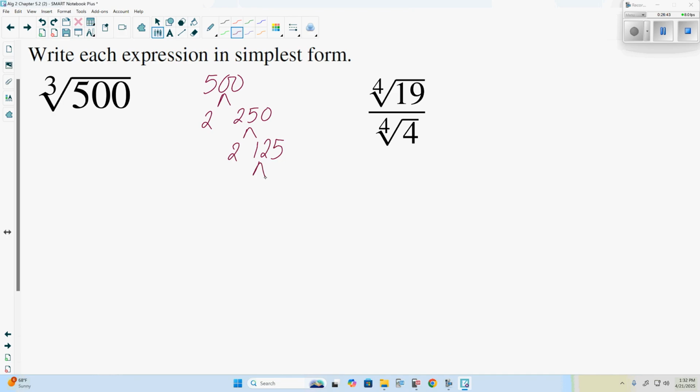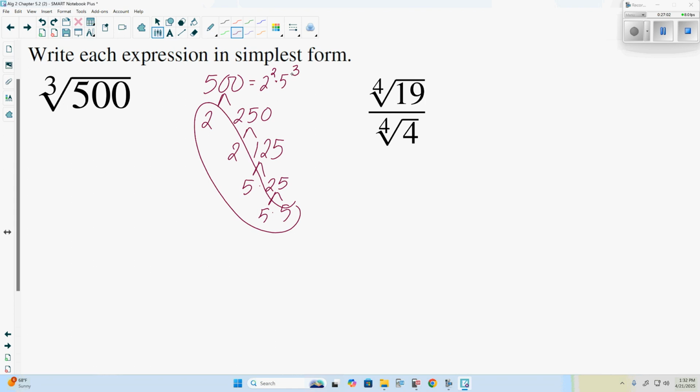Well, 125 is not divisible by 2, but it does have a factor of 5, which would be 5 times 25, and 25 would be 5 times 5. So 500 is 2 squared times 5 cubed.